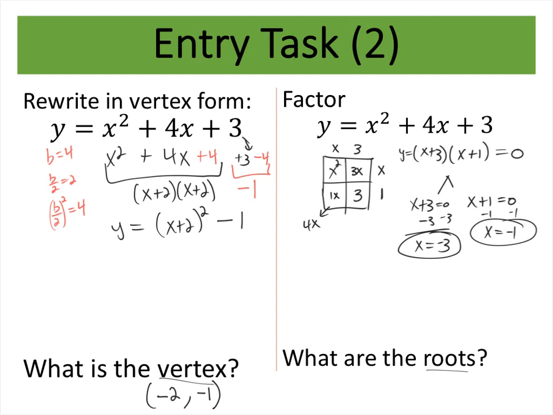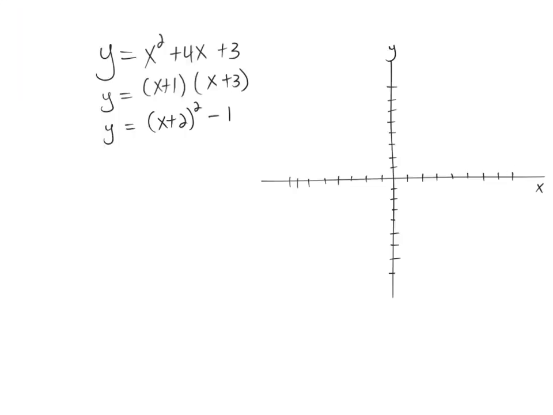So we know that the vertex comes from vertex form. Remember that this tells us our vertex is at -2 and -1, so -2, -1 is going to happen right there. Our factored form tells us our roots at x equals -1 and x equals -3.